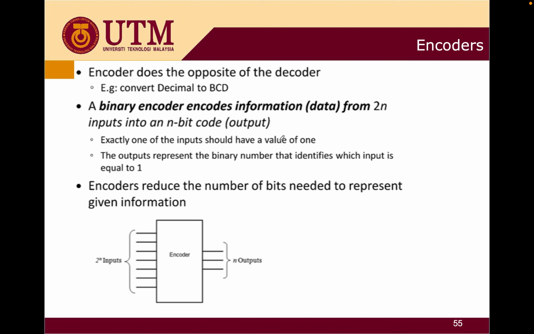You can go through and read all of this. The encoder does the opposite of what the decoder did. Last time you converted the binary or BCD code to decimal. Now you have the decimal, and you're going to convert it to BCD.